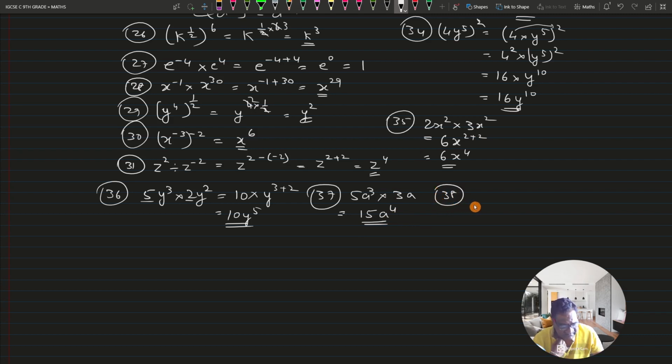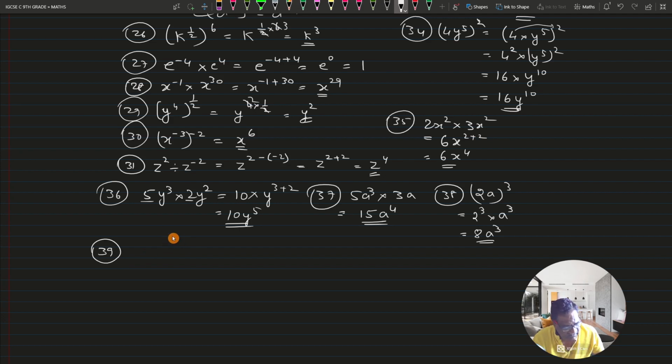38 is 2a the whole cube. 2a the whole cube. Now this will be 2 cubed times a cube. That is equal to 2 cube is 8, and a cube is nothing but a cube. So 8a cube should be the answer. 39.